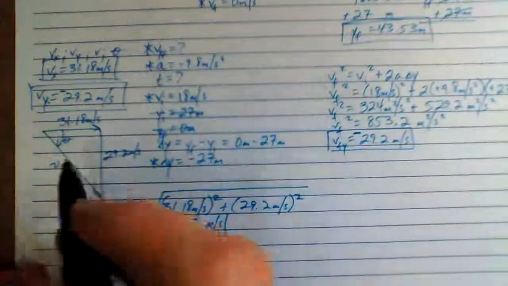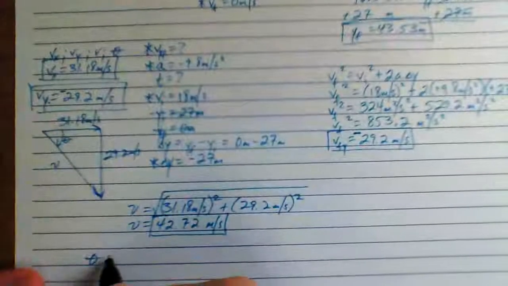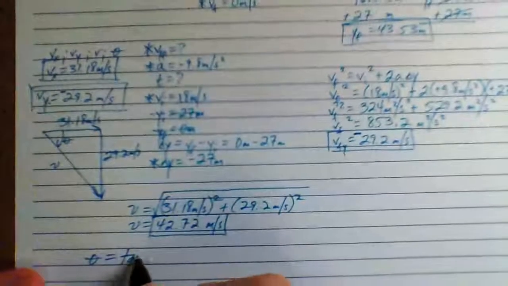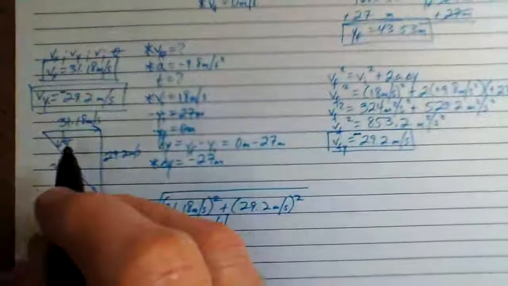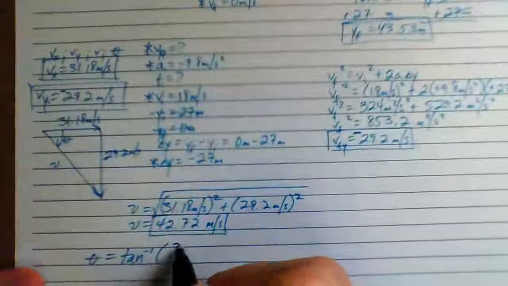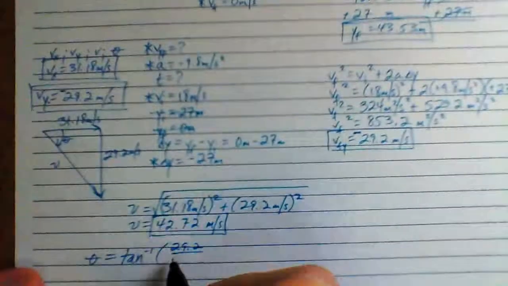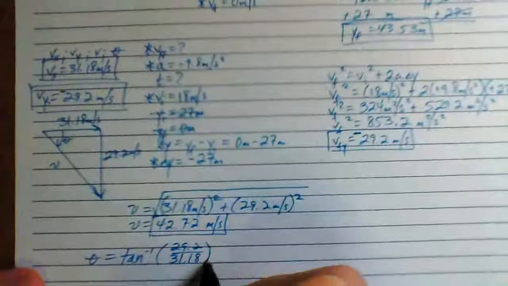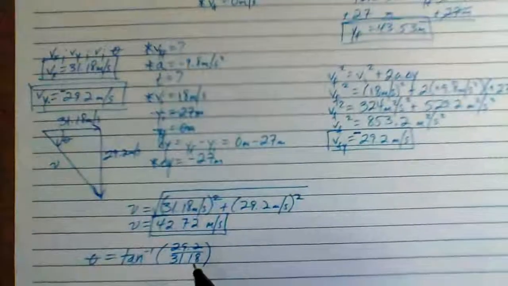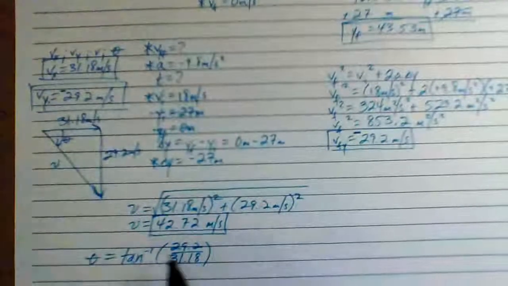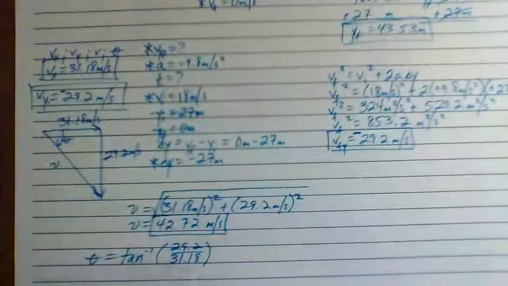The very last thing I'm going to do is find theta. In this case, theta is equal to the inverse tangent of 29.2 over 31.18. In some of the previous problems, we already had to work out. We went ahead and solved those out, so I'm not going to go through the theory behind that.